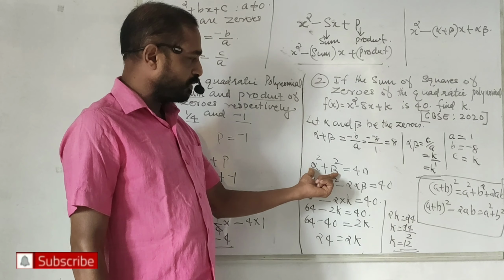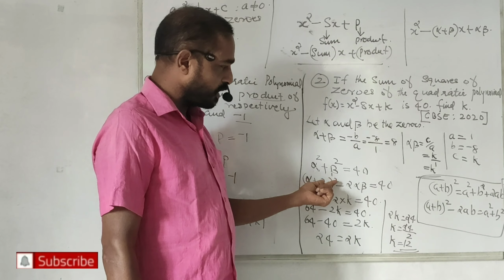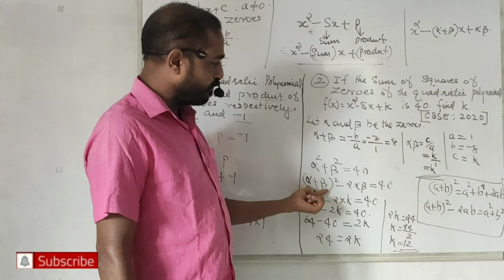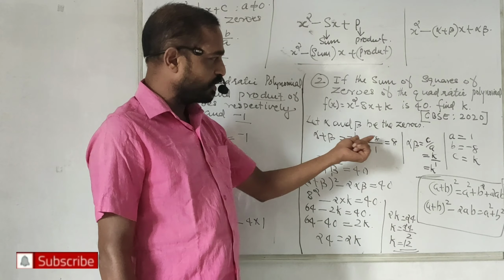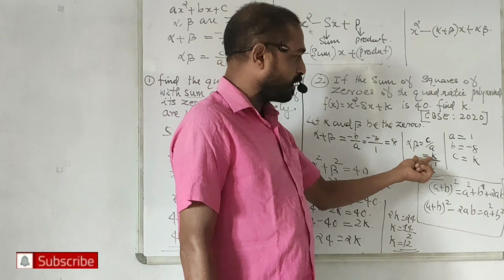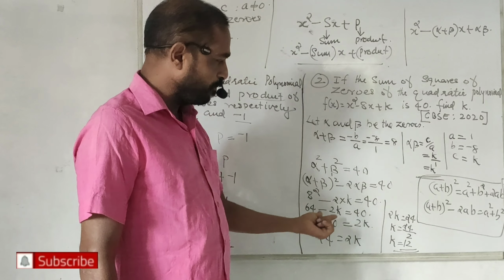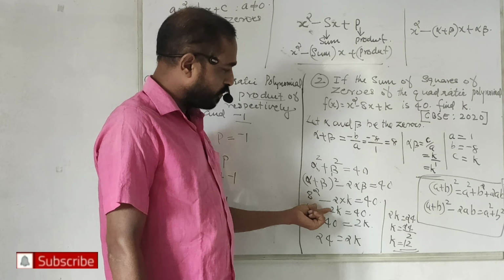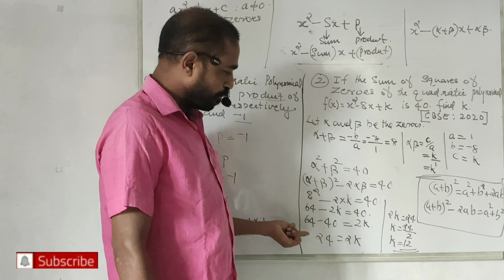So alpha square plus beta square is (alpha plus beta) whole square minus 2 alpha beta, that is equal to 40. And what is alpha plus beta? It is sum of the zeros, which is 8. 8 square minus 2 into, what is alpha into beta? Product of the zeros, which is k, minus 2k equal to 40. So 8 square is 64, minus 2k equal to 40.